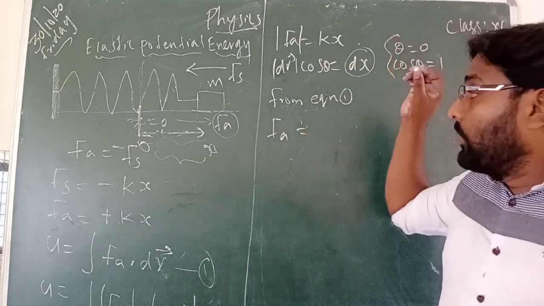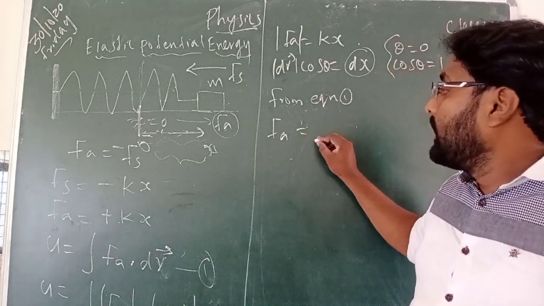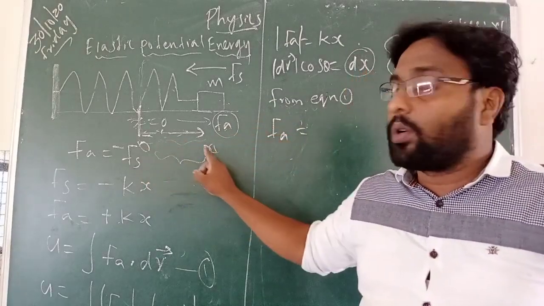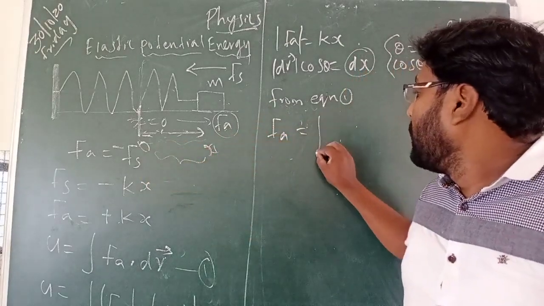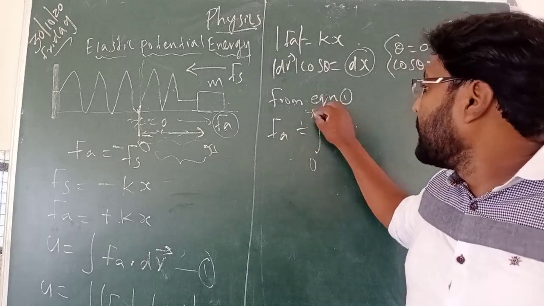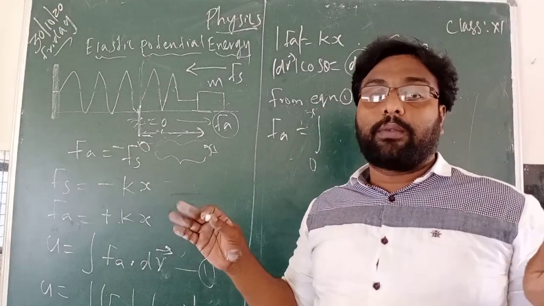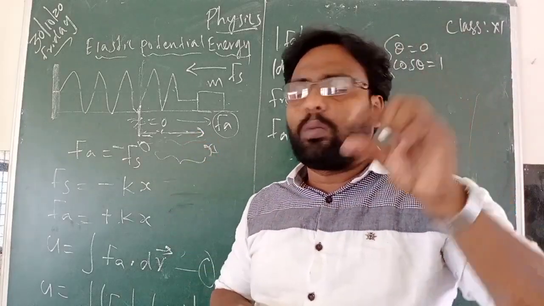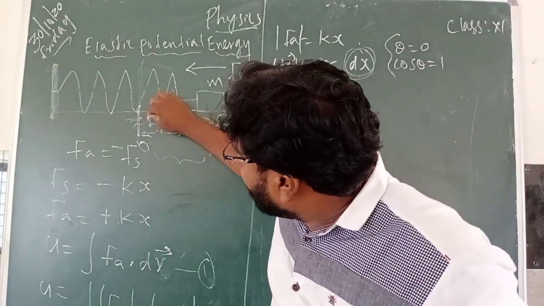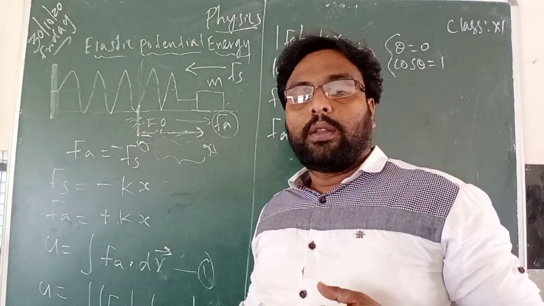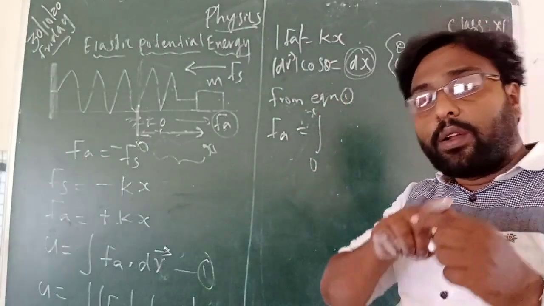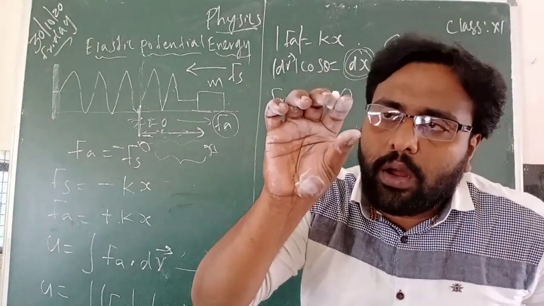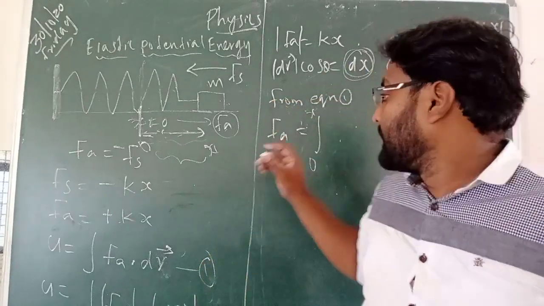So we have to use the limit from 0 to x; then only for the full length we can find it out. dx is a small component, only for a particular distance. We are integrating to find the whole displacement.